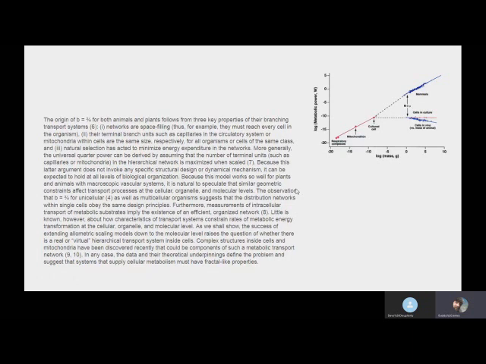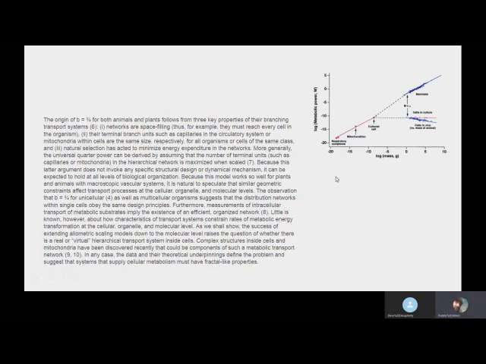Furthermore, all of this applies to the fractal-like structure of the cells, they obey the same scaling system in the distribution. So this is great.